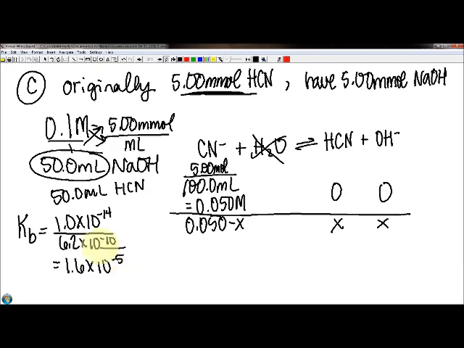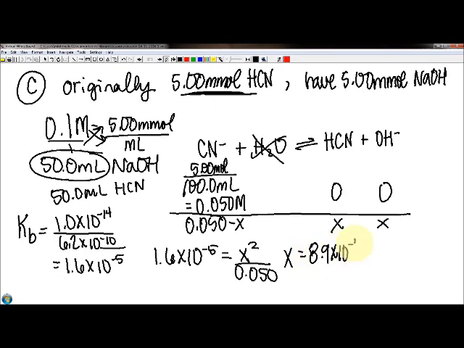So now, with our K expression, we'll have the Kb equal to the product over reactant, so x squared over, and let's assume that the bottom will just be 0.05. So x here is equal to 8.9 times 10 to the negative 4 molar, which this time is the OH- concentration.